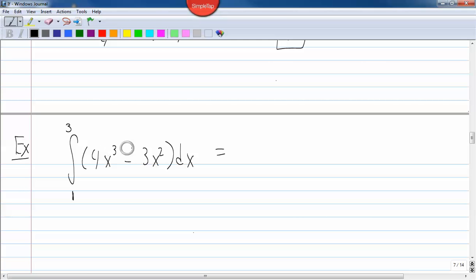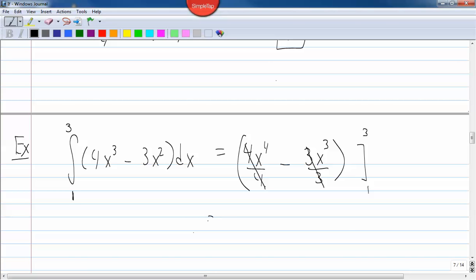So I want to integrate these two terms using the power rule. So that's 4x to the 4th divided by 4 minus 3x to the 3rd divided by 3. All that will be evaluated from 1 to 3. The 4's cancel out, the 3's cancel out, and all I really have is x to the 4th minus x to the 3rd.